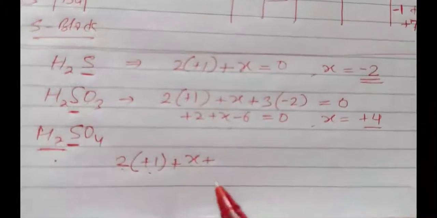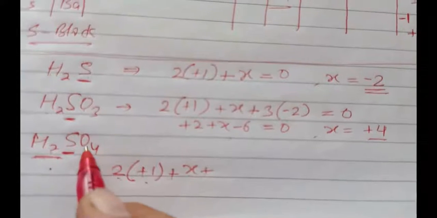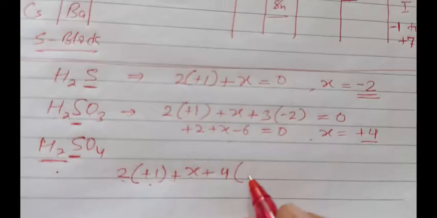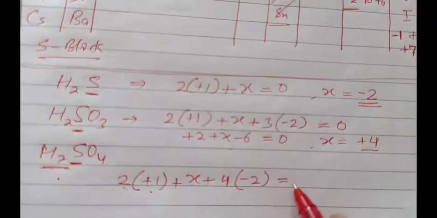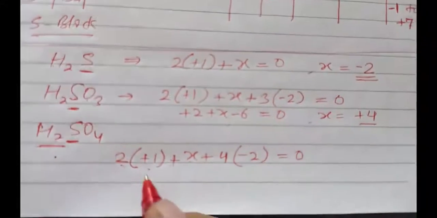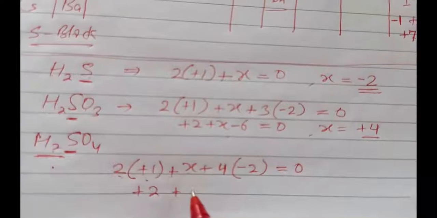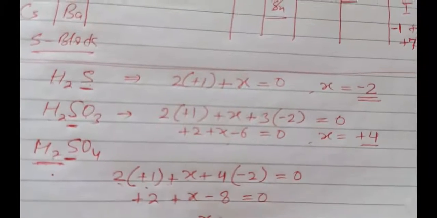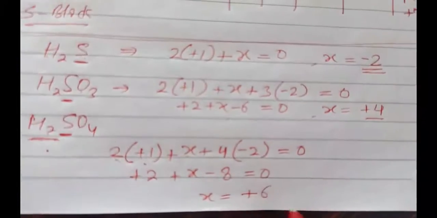Then again we write plus. Then how many oxygen atoms? 4. So we write 4 here first. Then we make a bracket. What is the oxidation number of oxygen? You already know, -2, and the total must be equal to 0. If you solve, +2 plus X minus 8 is equal to 0, then X will be equal to +6.